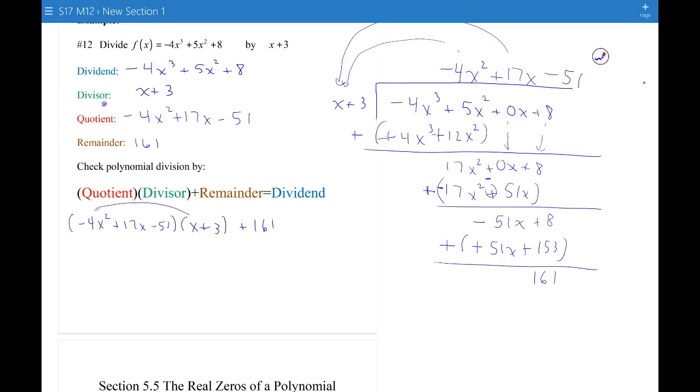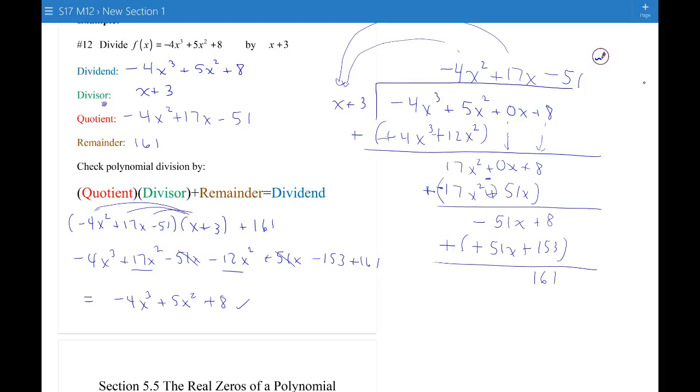So let's do the distribution. I'll have negative 4x cubed plus 17x squared minus 51x minus 12x squared plus 51x. These numbers should be really familiar. Minus 153 plus 161. So I get negative 4x cubed plus 5x squared plus 8.